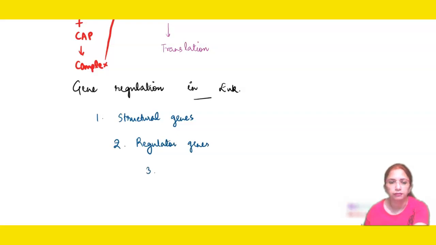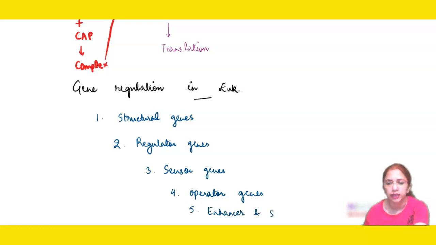They have sensor genes which sense. They also have operator genes, and they also have enhancer genes which enhance the function, and silencer genes which silence the function. So enhancer and silencer genes are also present which regulate gene expression. We don't need to study their function, only the names are important.